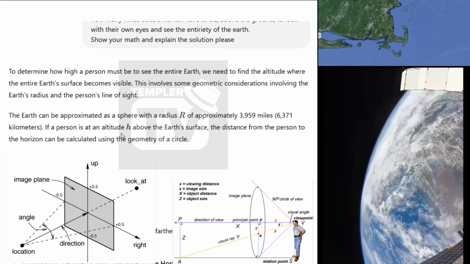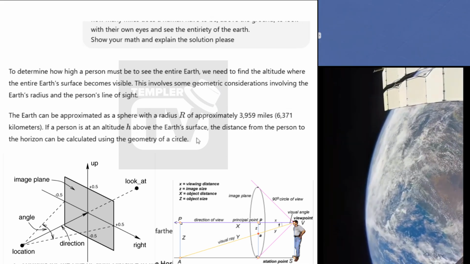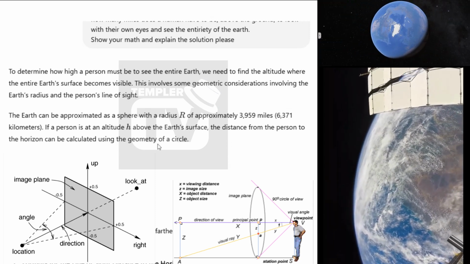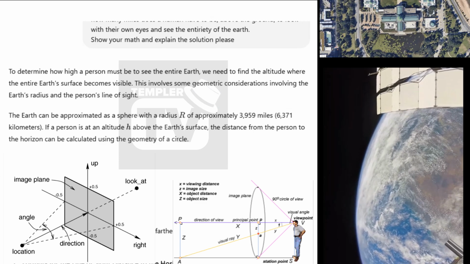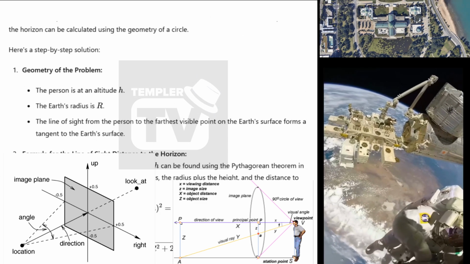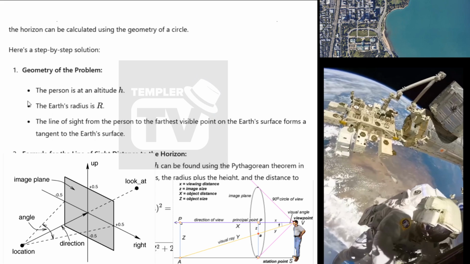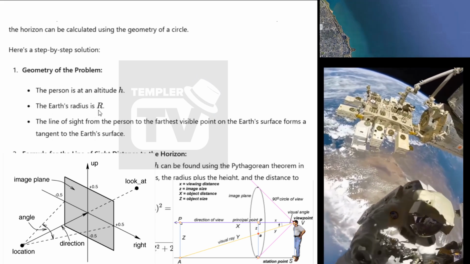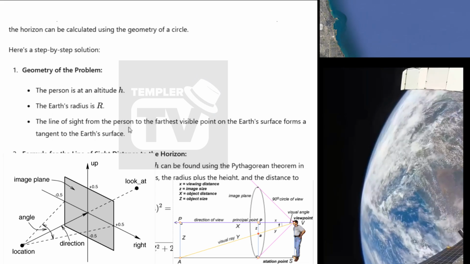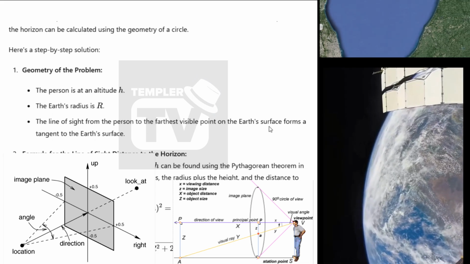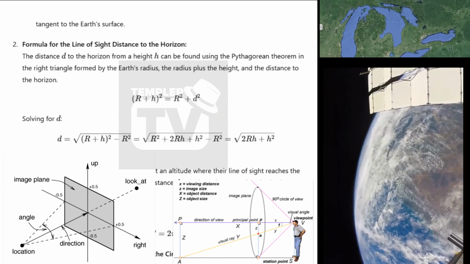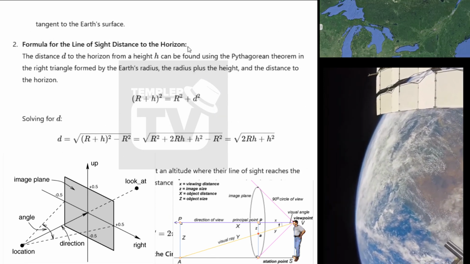If a person is at an altitude, h, above the Earth's surface, the distance from the person to the horizon can be calculated using the geometry of a circle. Here's a step-by-step solution. 1. Geometry of the problem. The person is at an altitude h. The Earth's radius is r. The line of sight from the person to the farthest visible point on the Earth's surface forms a tangent to the Earth's surface. 2. Formula for the line of sight distance to the horizon.